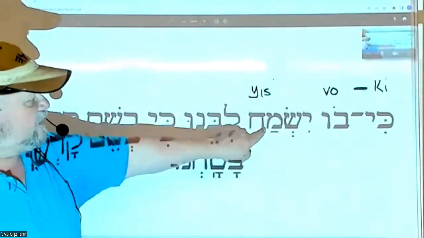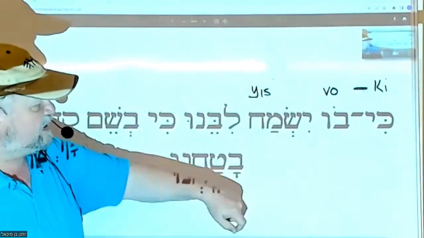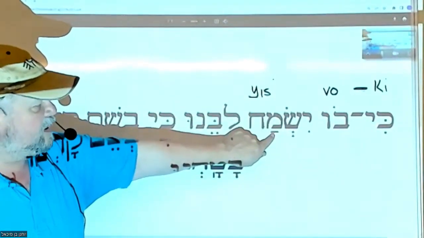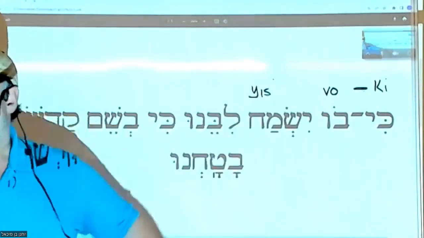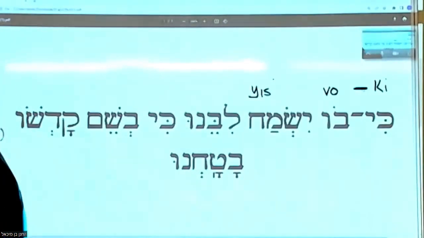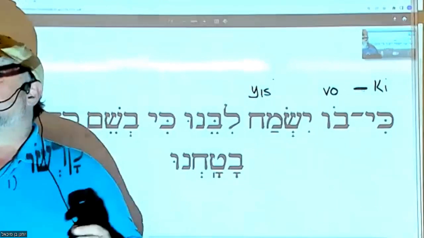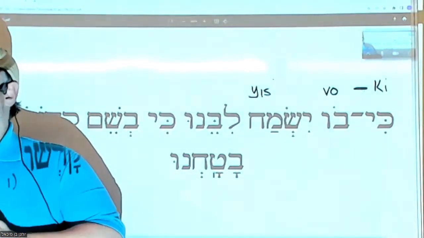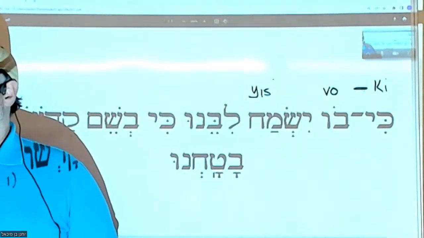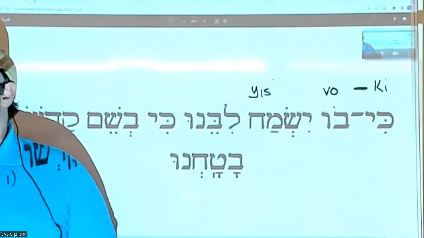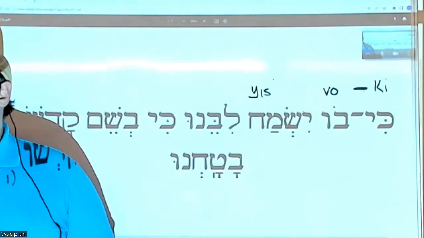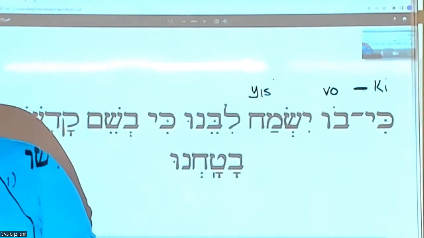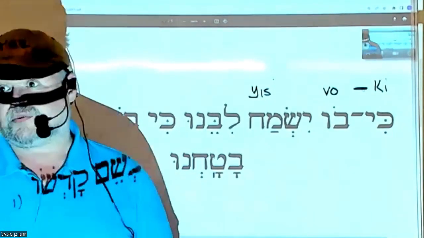Then we have the letter mem, which makes an M sound, and it's pointed patach. Patach is a short duration A type vowel. In Hebrew, A's sound like ah. But when I say long or short, I'm not talking about English vowels long or short. I'm talking about how long you hold the sound. Sometimes it's even shorter than that, it's reduced.